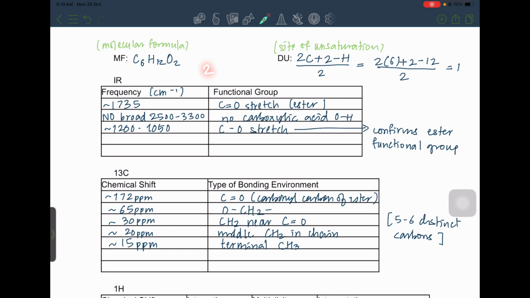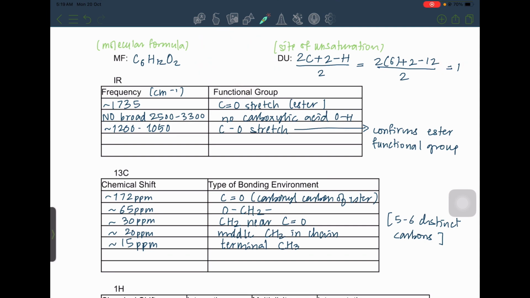So 2 times 6 carbons is 12, plus 2, minus 12, divided by 2, which gives us 14 minus 12 upon 2, which gives us 1.